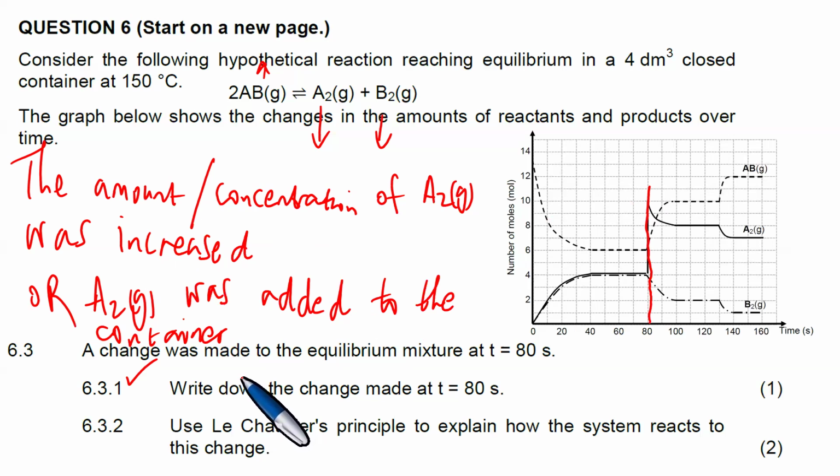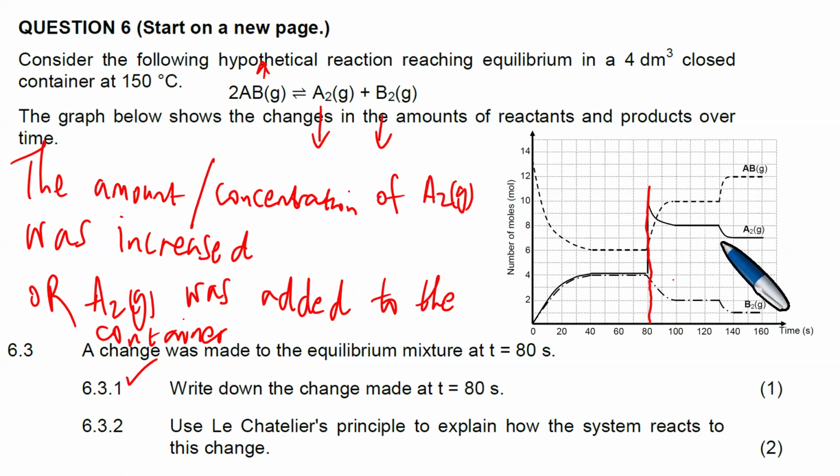Okay, so we continue. A change was made to the equilibrium mixture at t equals 80 seconds. Once again, write down the change made at 80. At 80, once again, what are we seeing?